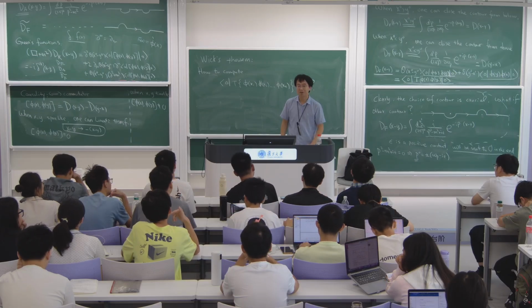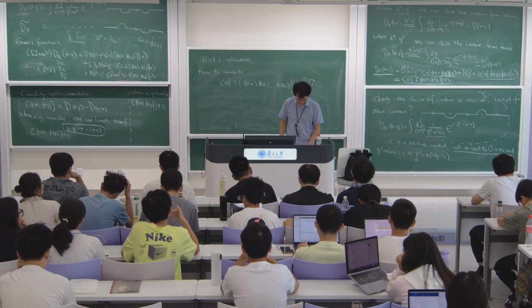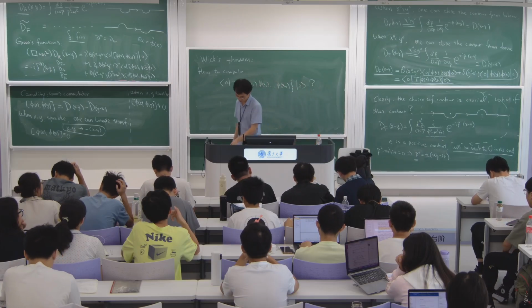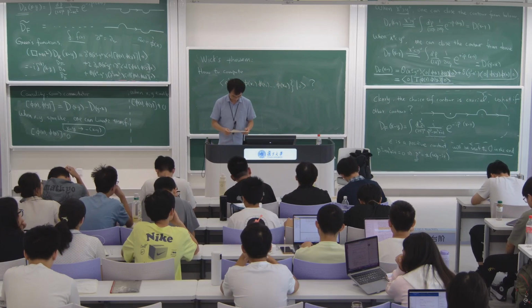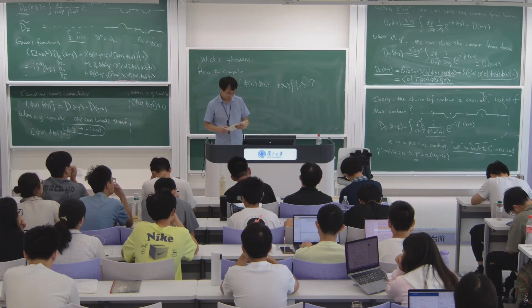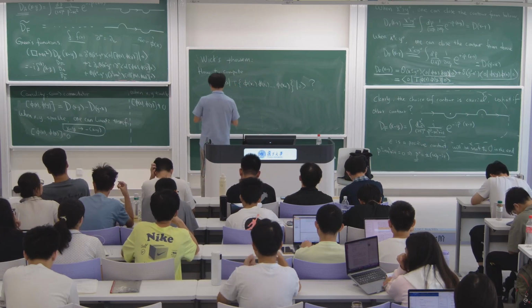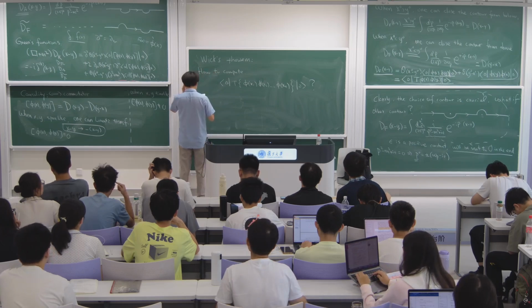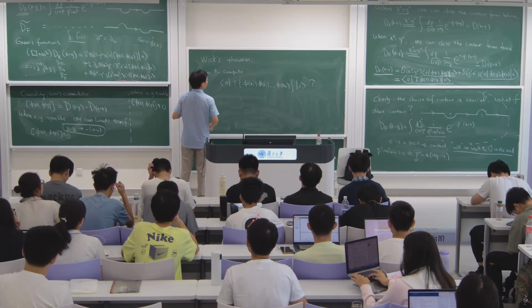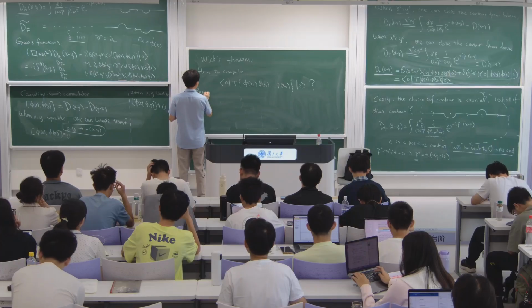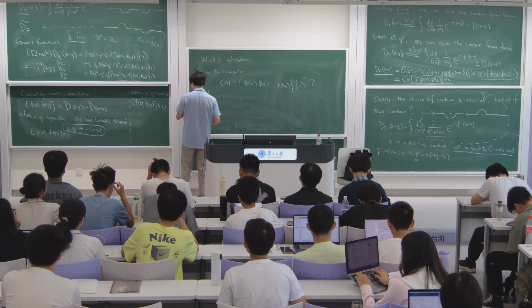I'm not going to derive this Wick's theorem, just how to use the result. But you should try to prove it yourself. So what does Wick's theorem say? Let me show the result.